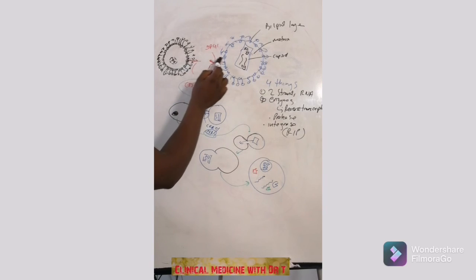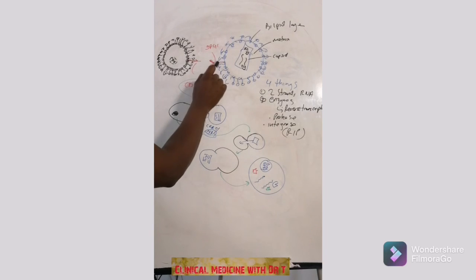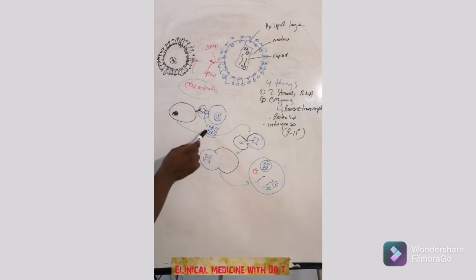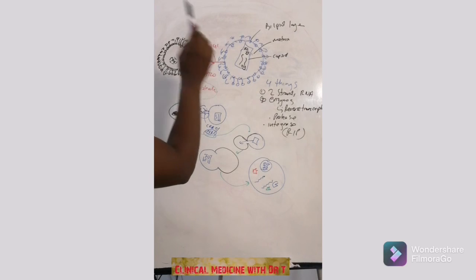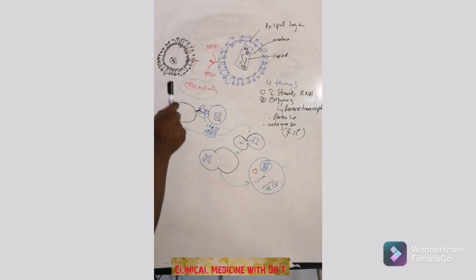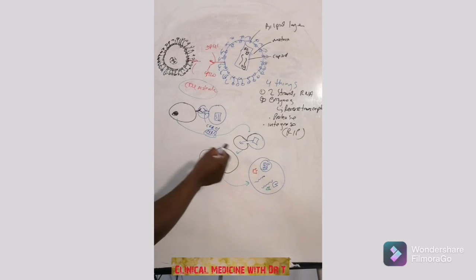It draws these two together to such a point that, like I said, there's also a co-receptor, the CCR5, and the main receptors are the molecules GP120 and GP41. Once that interaction occurs, you get a situation where there is endocytosis.